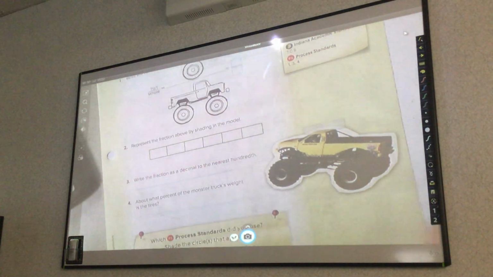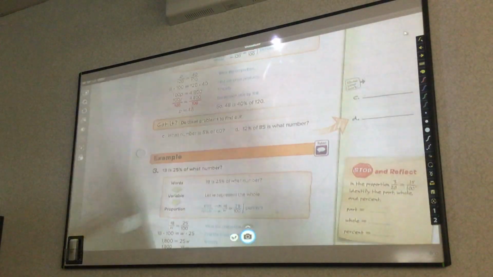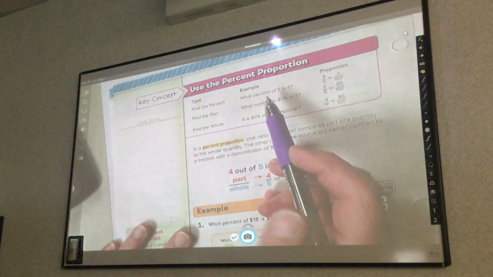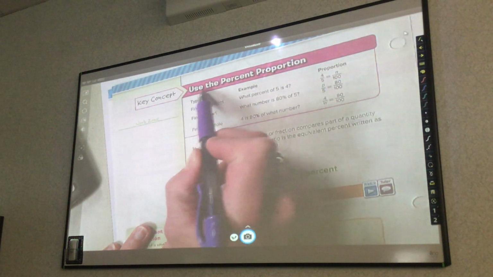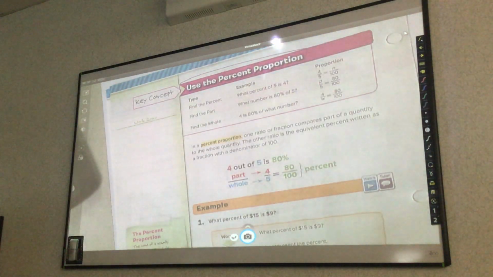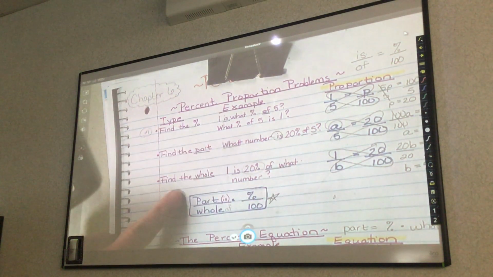We are not even going to look at page 121, we are just going to move on to 122. If you look up at the top of your page, it says use the percent proportion. These are the exact notes we wrote down and took last week.